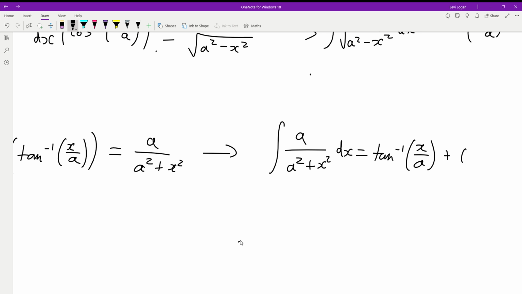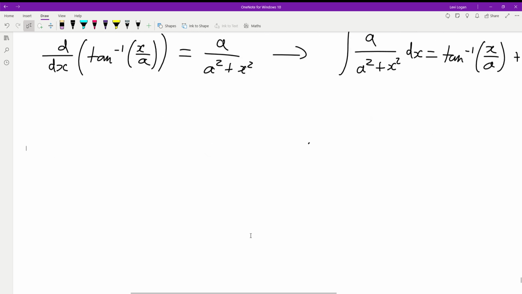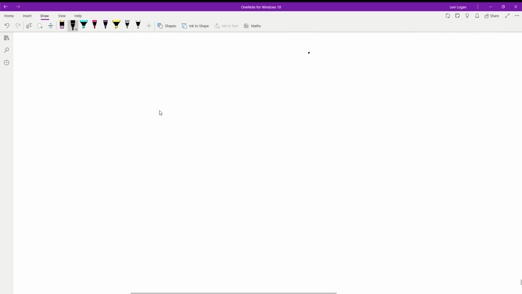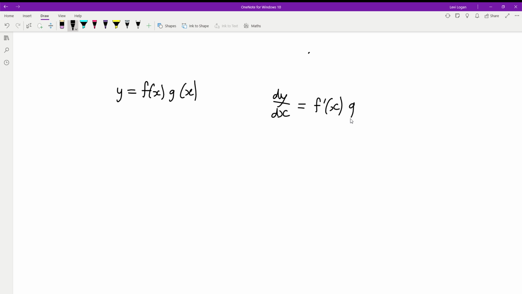Righto. Now we're going to take a look at the product rule. The product rule can also be changed. So the product rule basically says if I have y equals f of x times g of x, that means dy dx means f dash of x times g of x plus f of x times g dash of x. So diff one, leave the other.